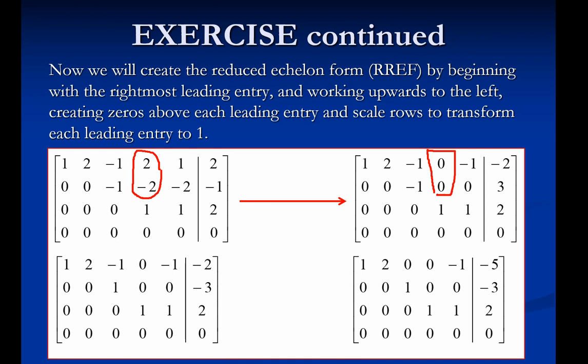What row operations can accomplish that? Well, I can use this pivot to get the -2 equal to 0. I need to multiply the third row times -2, add it to the second.